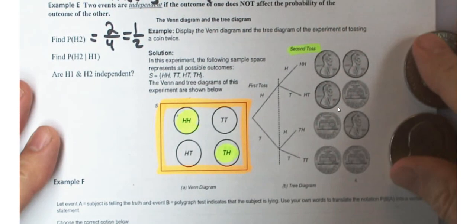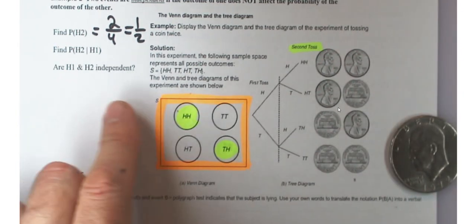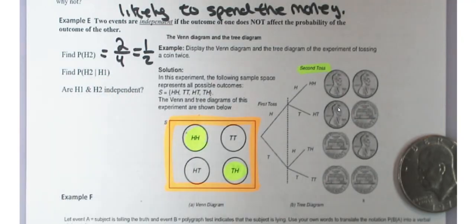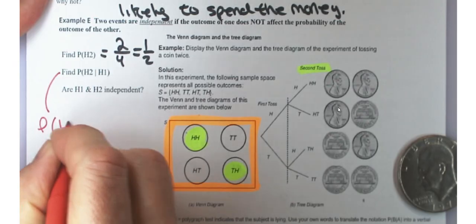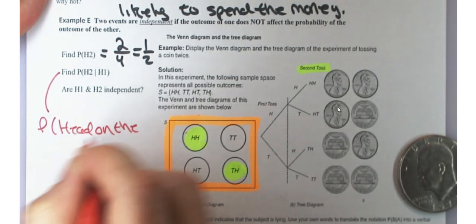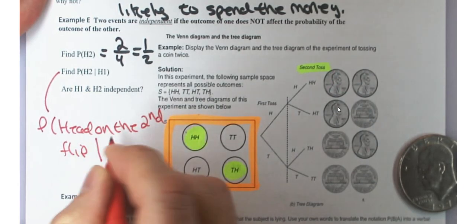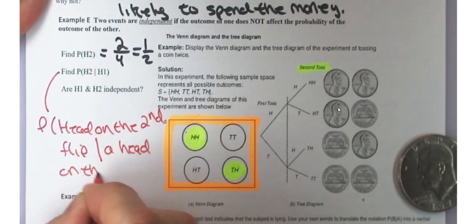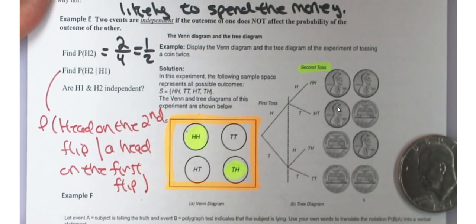If you got a head on the first flip, keep in mind that that's what this is saying here. Let me just write that out. Probability of a head on the second flip given a head on the first flip. That's what you're trying to find.